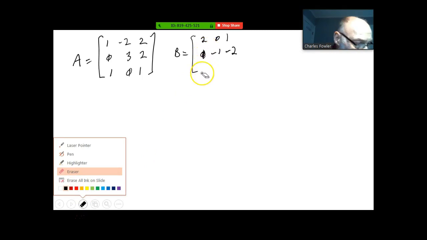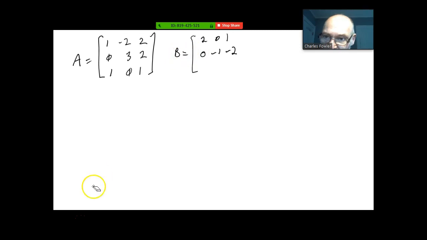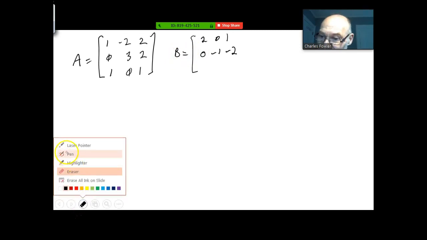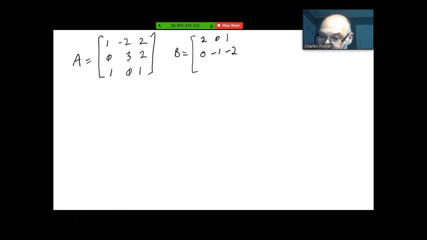That 3 that I didn't like the looks of completely disappeared. I don't know where it went. That was a 0, this was a 3, and now it's writing again. Okay. Sorry. Those are our two matrices.